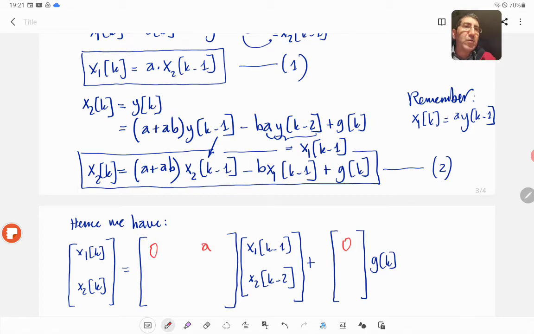And in the second equation, you will have x2 of k being equal to minus b times x1 k minus 1, and also you have a times 1 plus b times x2 k minus 1.